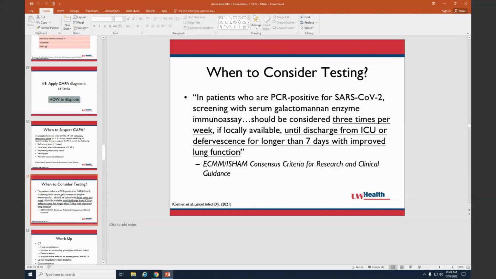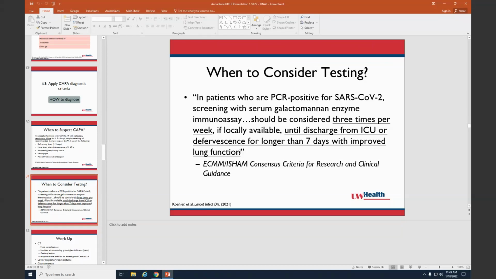I think it's not super clear as to what to do with the result of the screening. So I think you have to associate it with how they're doing clinically. I don't know if Brian, you have anything else to add?